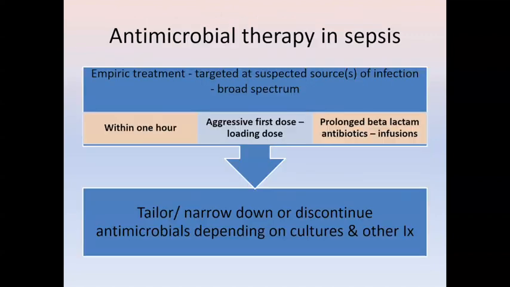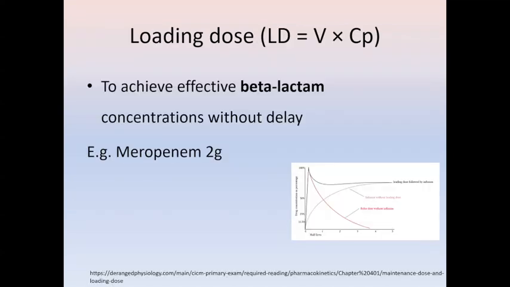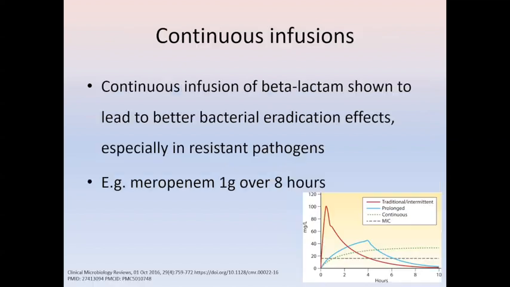So for empiric treatment, targeted to the suspected sources, within 1 hour we have to start, with an aggressive first dose and prolonged beta-lactam infusions. And then, of course, tailor, narrow down, and discontinue. A loading dose achieves an effective beta-lactam concentration; we use a double dose of meropenem, 2 grams, because it clearly gives very good concentration above MIC for a longer period.